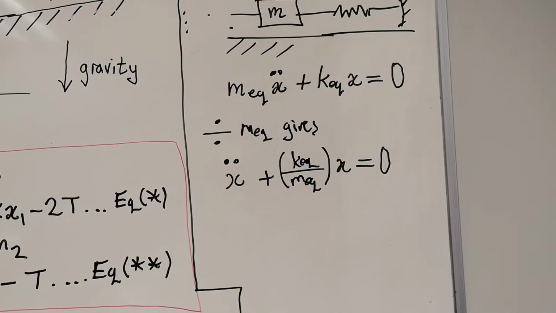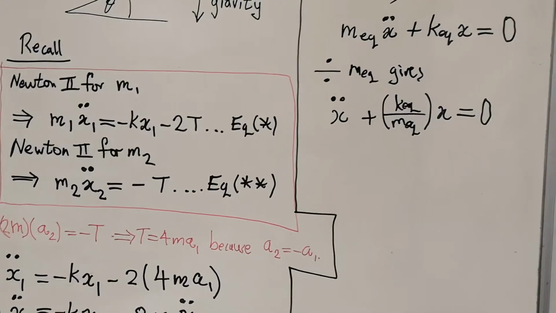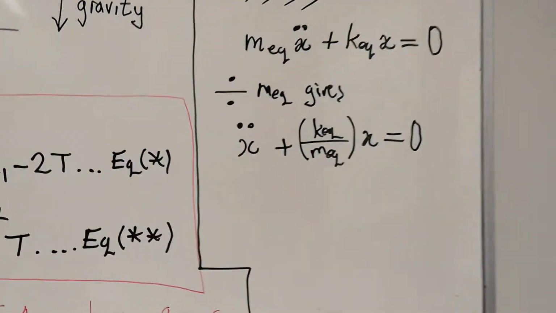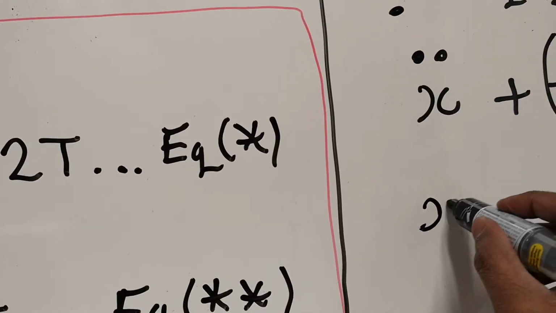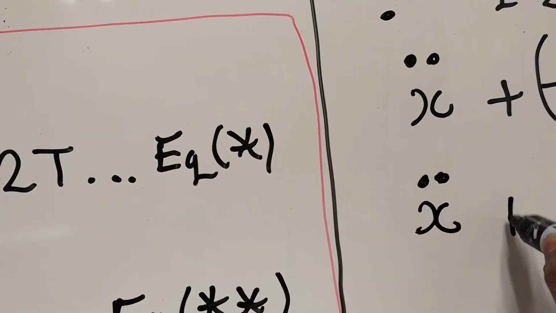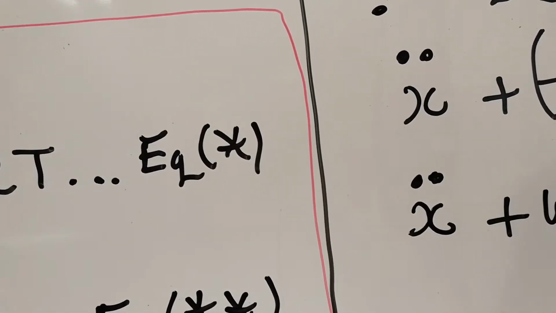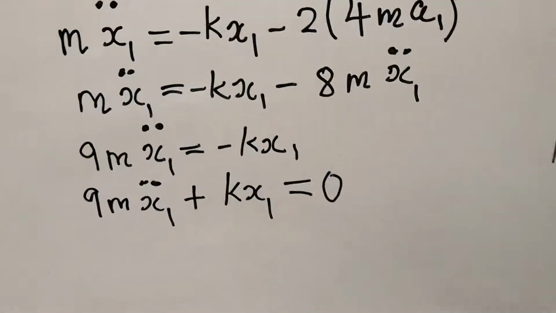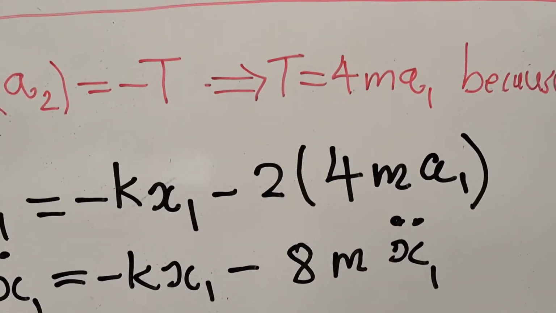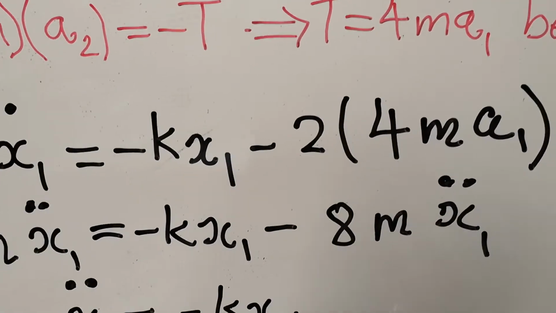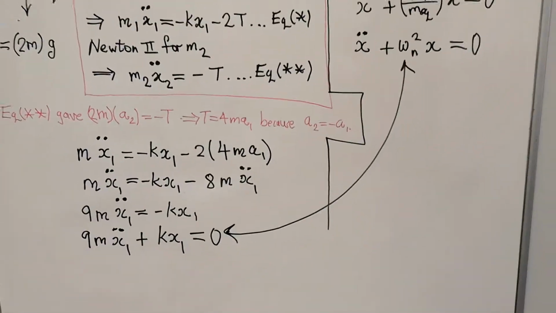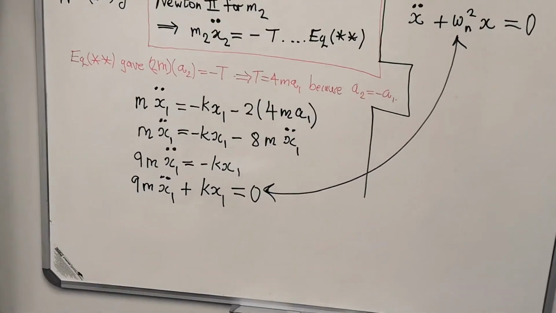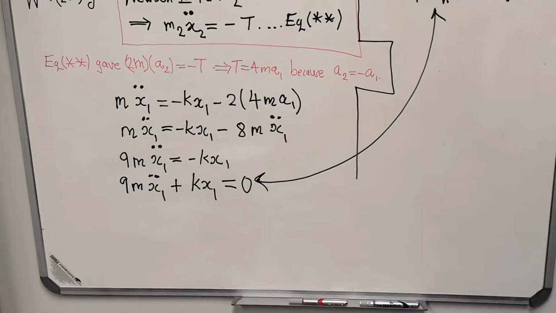That's the equation. That's the standard form. And if you look at your textbook, these are basically the same equation, like so. And what does that mean?